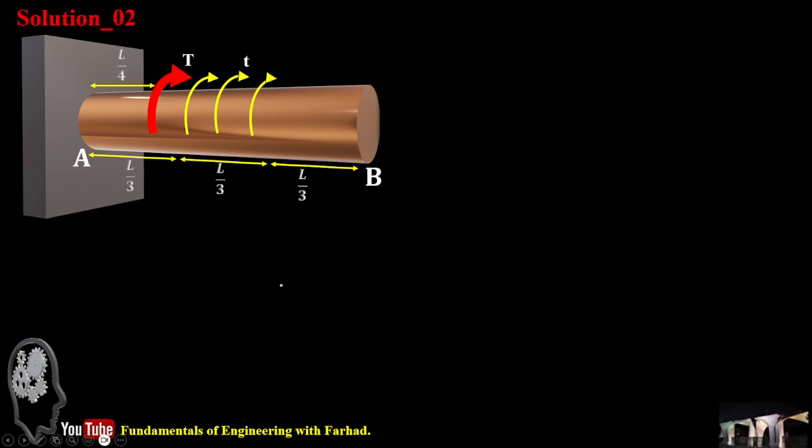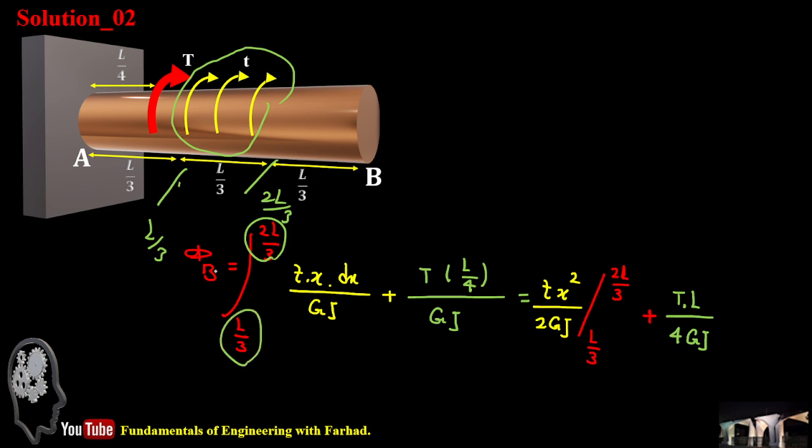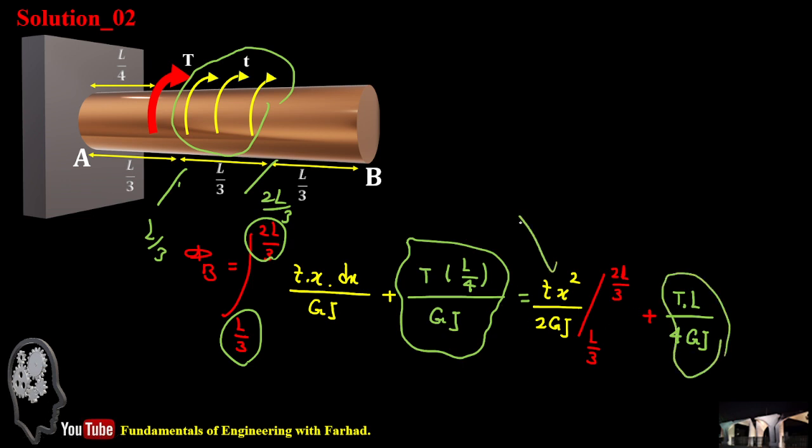The second solution is phi, integrating for the continuous part from L over 3 to 2L over 3. That's the limit of our integration. Then Tx dx over GJ plus the other part, which is a single torque, TL over 4 over GJ. So this is our constant, and this is our integration, Tx squared over 2GJ from L over 3 to 2L over 3.